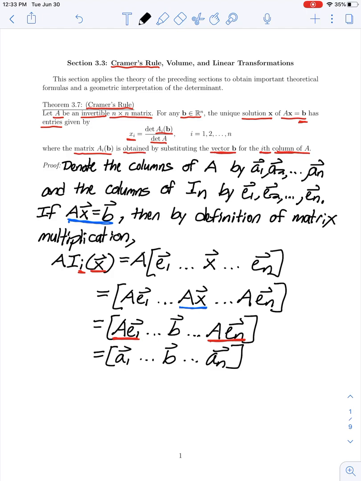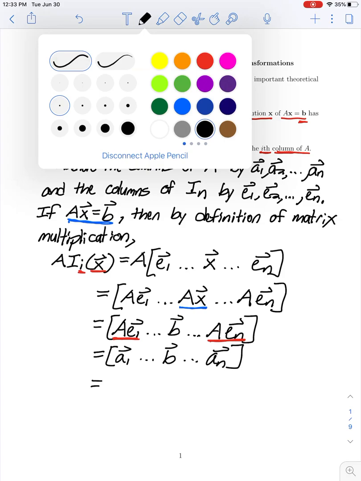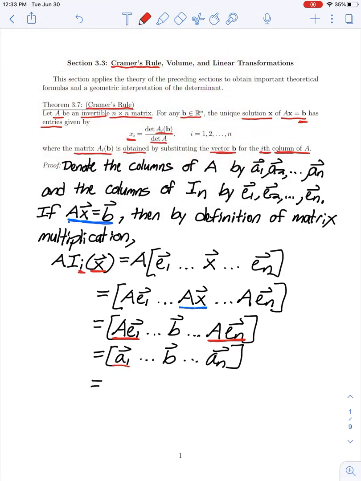But now this matrix is the matrix whose columns are the columns of A, A1, A2, up through An, but where my ith column has been replaced by the vector b. So the notation that we were using for that is A sub i of b.